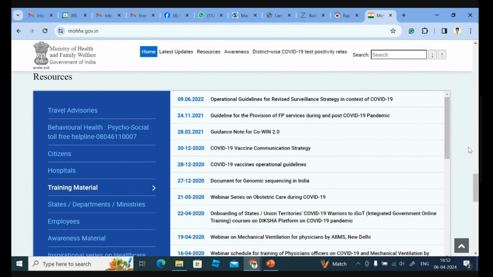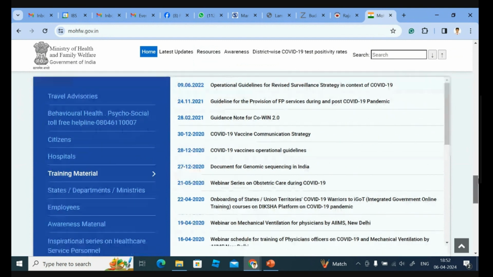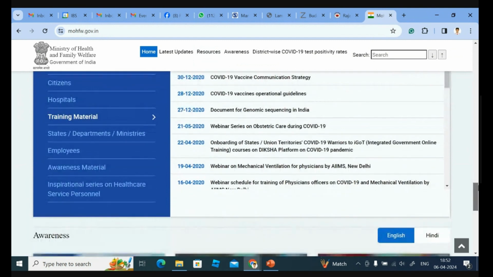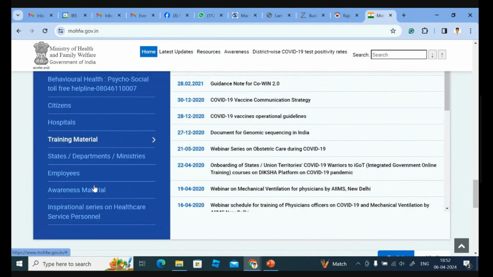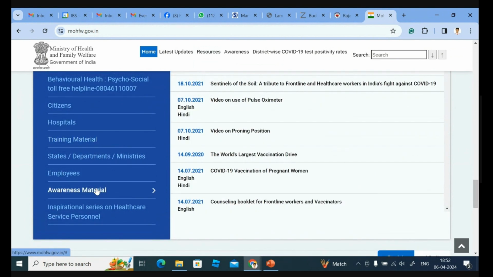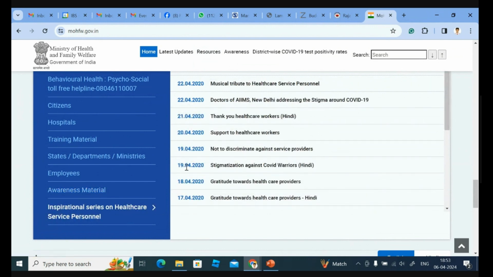Genomic sequencing, anything that you find very different, or the awareness material. Look at this one, how to use oximeters. They're all given. Or the booklet for frontline workers. These are there. Look at the series of things that are there.